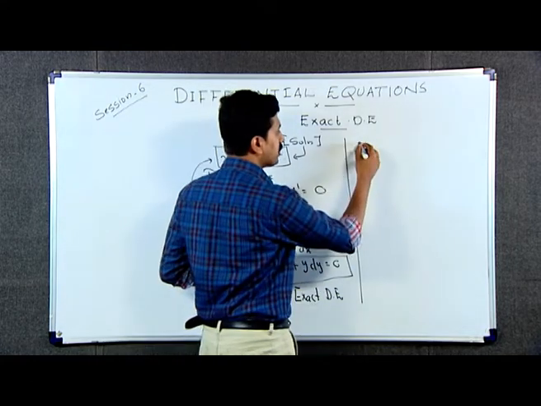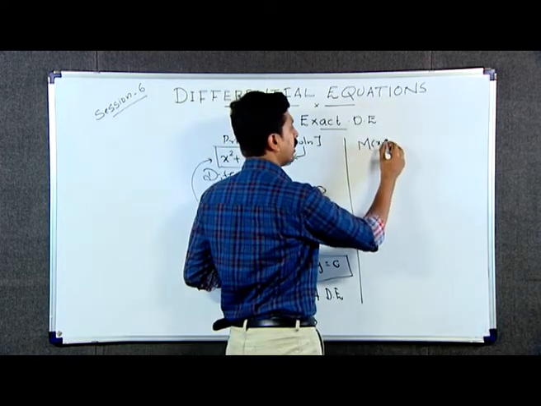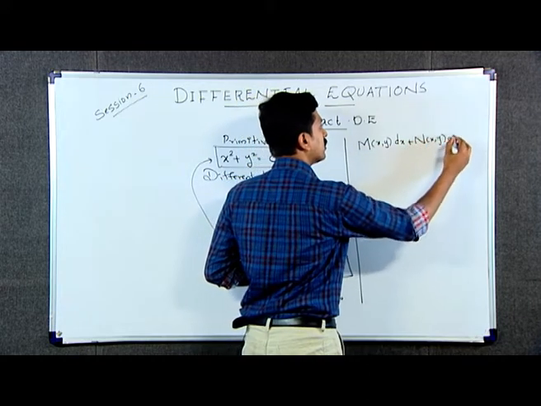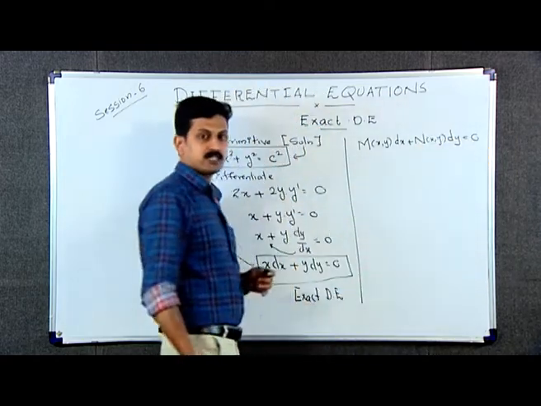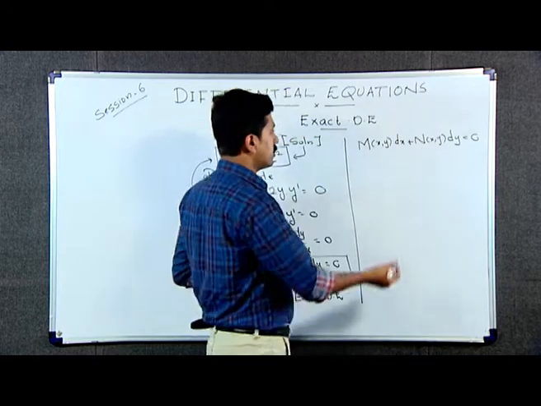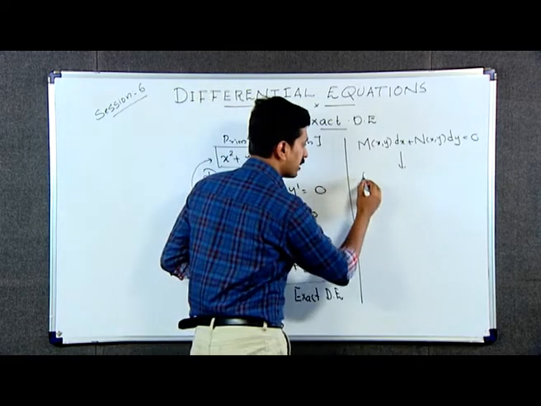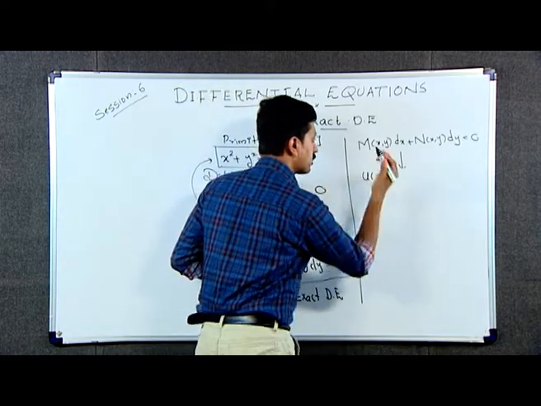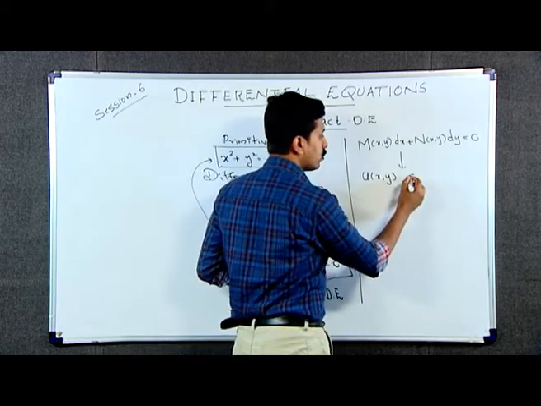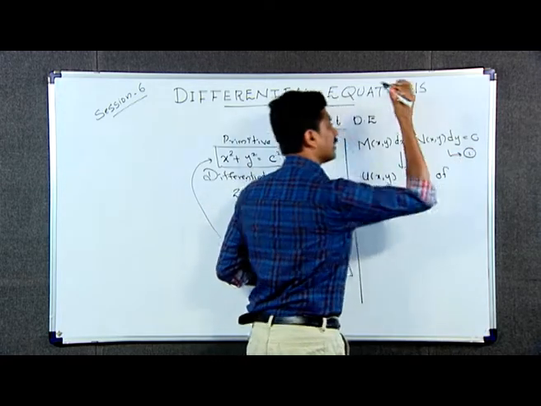Generally, a differential equation of the form M of x y dx plus N of x y dy is equal to 0 is called an exact differential equation if there exists a function u, a function in both x and y in implicit form, and this is a solution of this differential equation. I am taking it as 1.